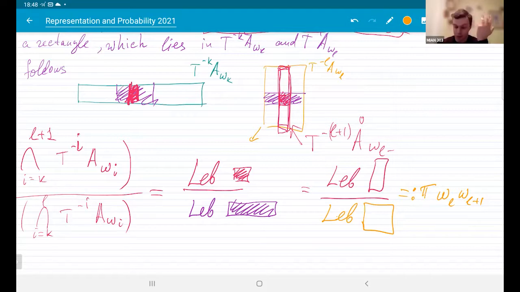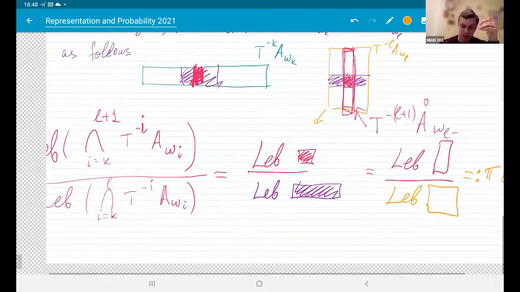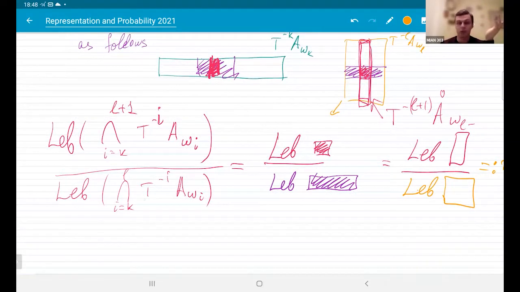And if we define these transition probabilities as follows, then we have seen that the Lebesgue measure is the same, but on the other hand, we can rewrite this ratio.